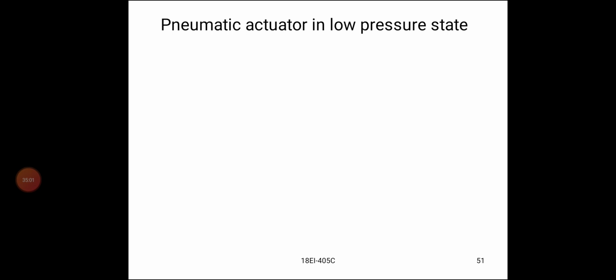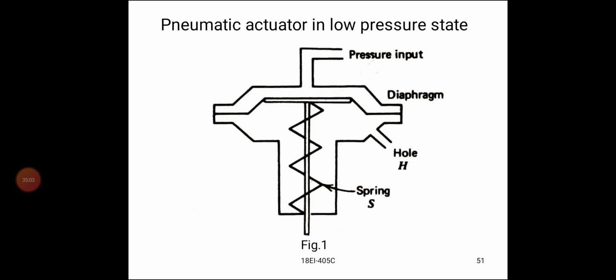Pneumatic actuator in low pressure state. The pneumatic actuator has a pressure input inlet, with the pressure acting on the diaphragm. A stem is attached to the diaphragm, with a spring loaded.